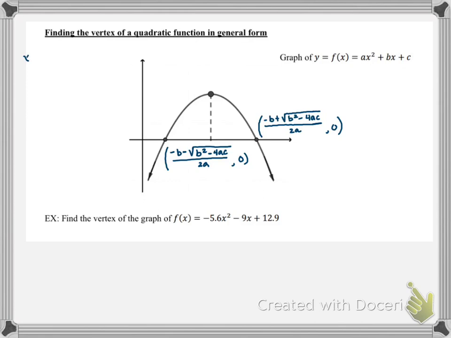So we have x equals negative b plus the square root of b squared minus 4ac over 2a, plus negative b minus the square root of b squared minus 4ac all over 2a. And then I have to divide that whole thing by 2.